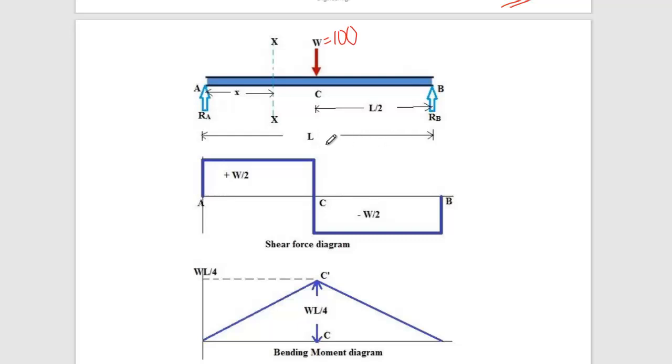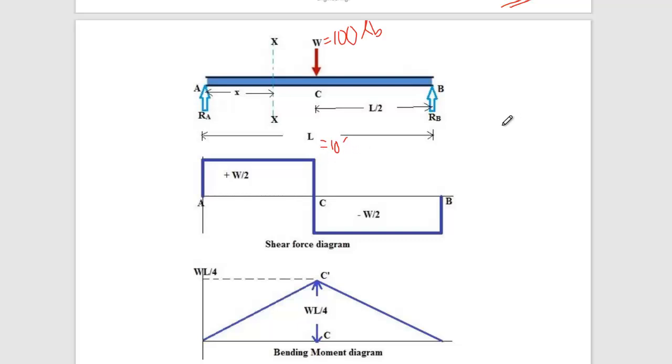Consider L equals 10 feet and W is 100 pound. Clear? This is capital W. Yes, sir. So now we need to draw the SFD and BMD.